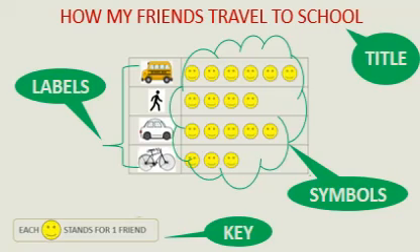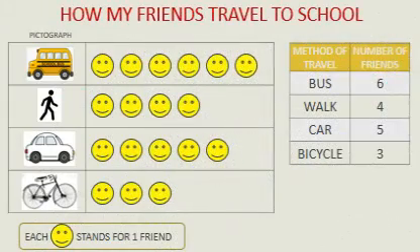Now, we will discuss our example in detail. In the previous slide, you have this table done by Fatma. It shows the table having rows and columns to represent how her friends travel to school. Now, we shall represent this table in the form of pictogram.